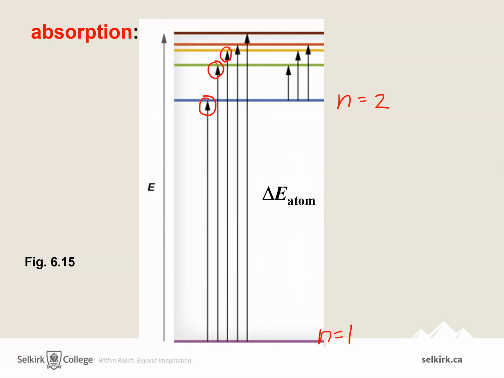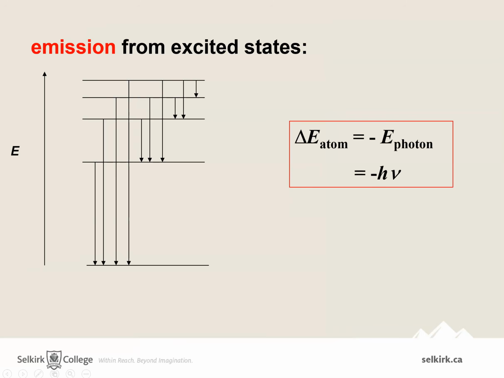We could also have some atoms that were already at the second energy level. They'd already been promoted that far. They can get promoted higher. So there's a lot of different absorptions you can get when you have a large collection of hydrogen atoms. Now, we're not going to see anything when that happens. We're only going to see the light when they hop back down to the lower energy levels. So we're going to look not at absorption anymore.